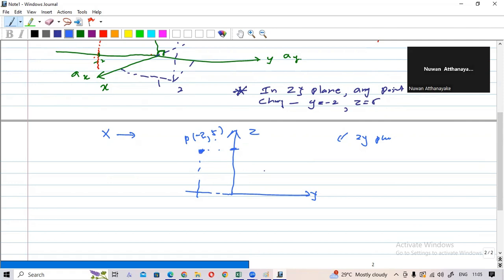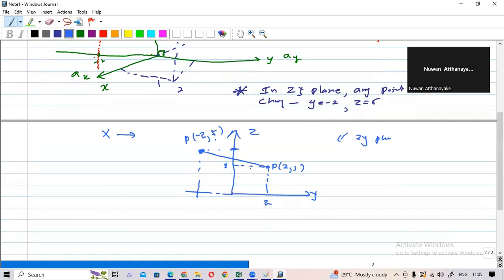Now you need to find the point in the zy plane, that point is 2 to 3. So this is the point P, (2, 3). Now the rho is the distance between these 2 points.